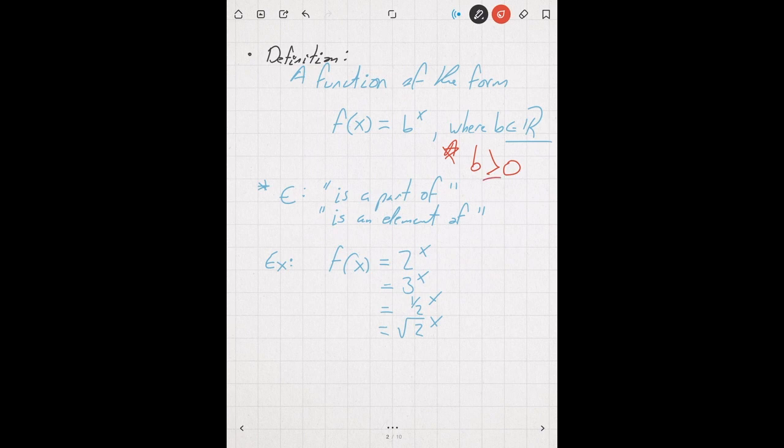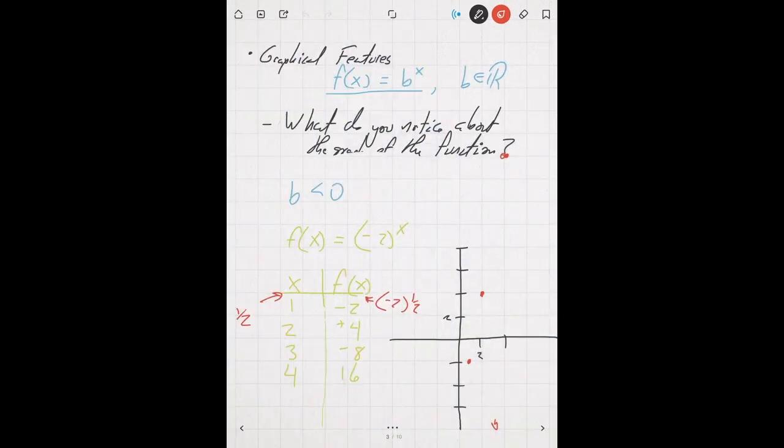You can see b could be greater than or equal to 0, but in our class, we're not going to deal with it when it's 0, that really kind of odd case. We're going to deal with numbers that are greater than 0, okay? So we're not going to have this weird situation with negative b's where the points bounce around on the graph. Instead, we're just going to have the normal types of graphs that we were seeing, these continuous curved graphs.